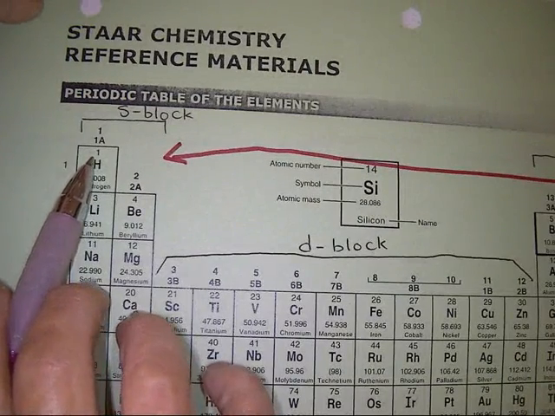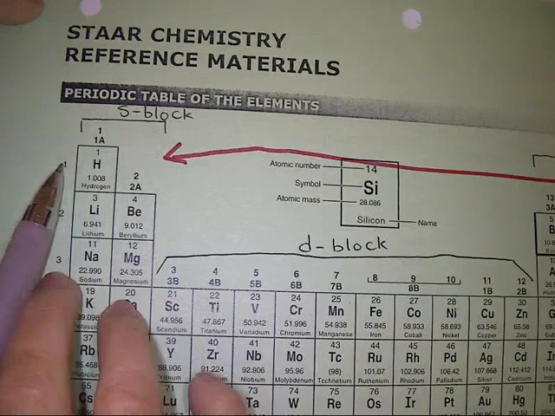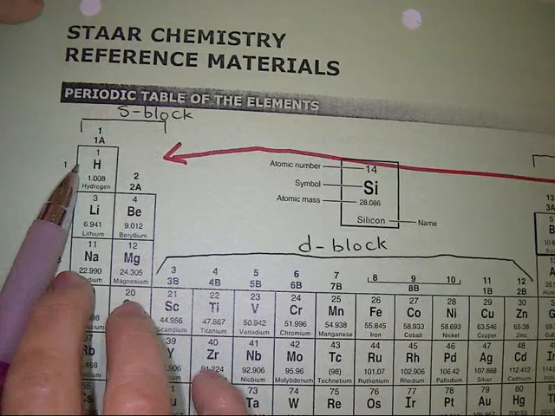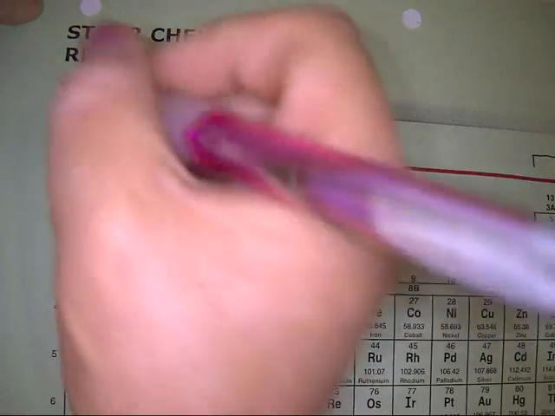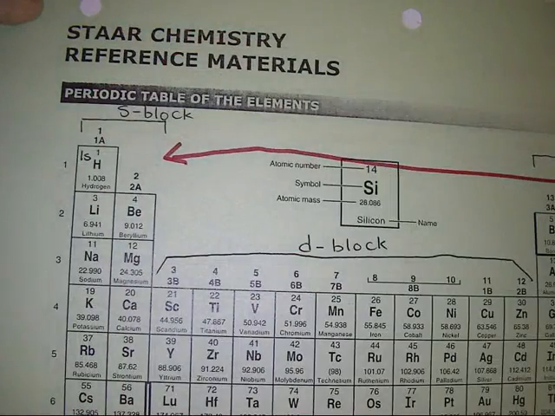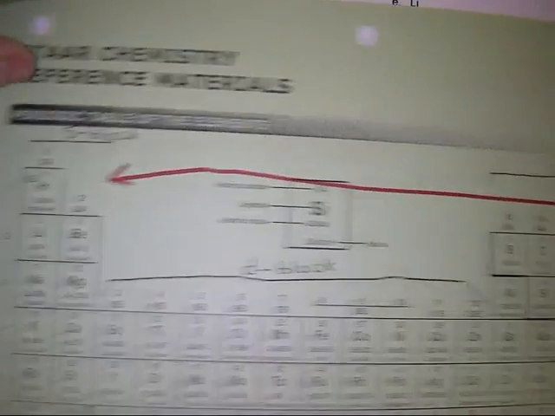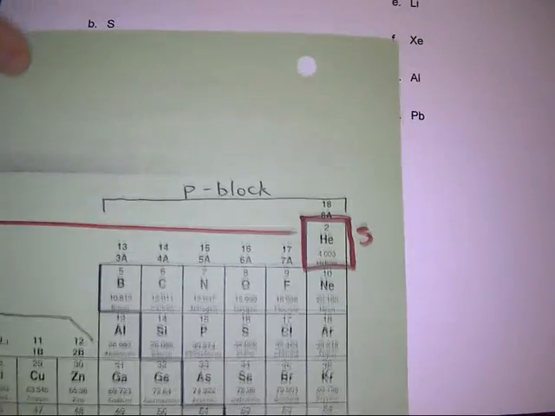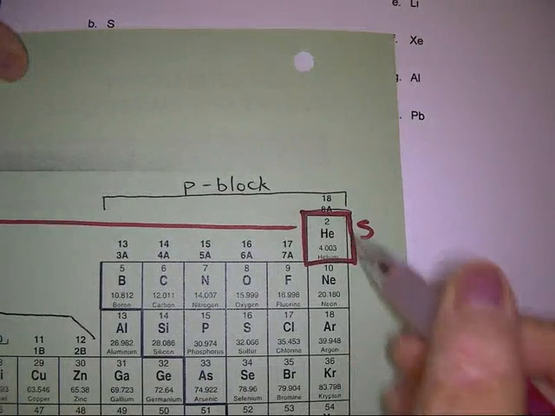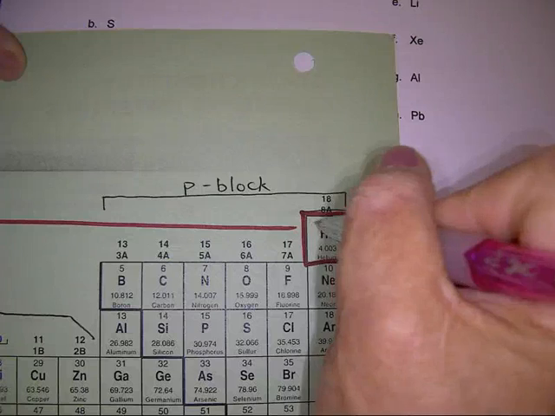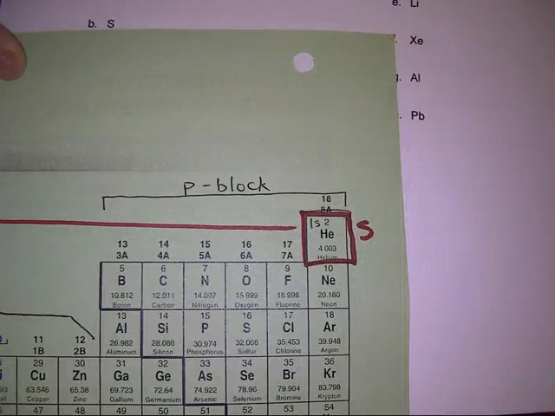Here it is, in the S block and in the first row of the S block. So this is 1s. And atomic number 2 is also in the S block and the first row, so it is 1s. So I have 2 electrons in 1s.